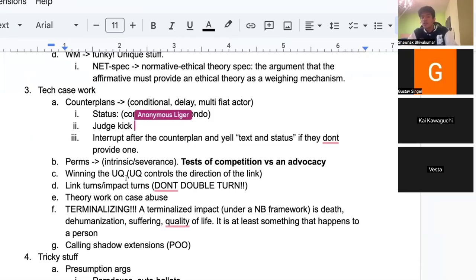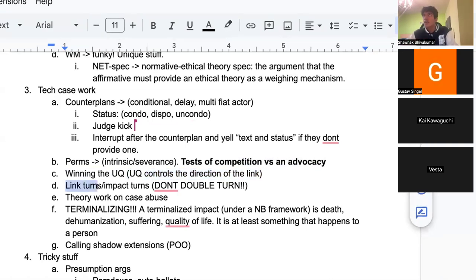So once again, you'll hear this term: uniqueness controls the direction of the link. If the uniqueness is good, the link is going to be to the disadvantage, because it's more risky to enact the affirmative. If the uniqueness is bad, the uniqueness is going to flow towards the affirmative link because you need to fix the status quo. Then the link turns.